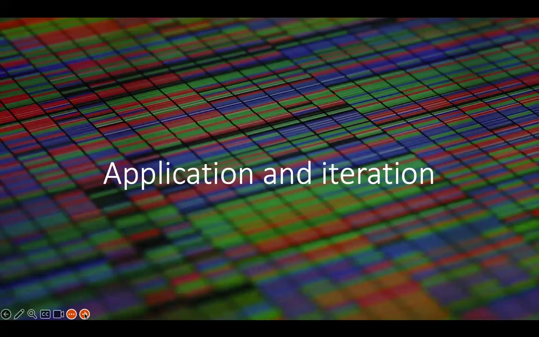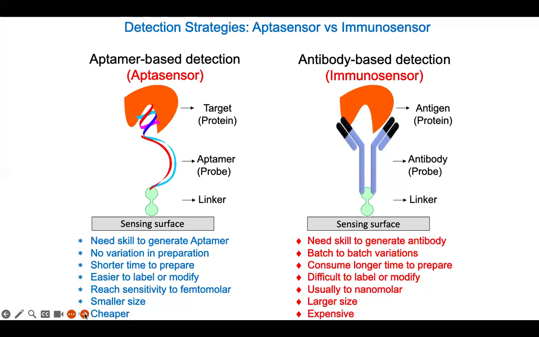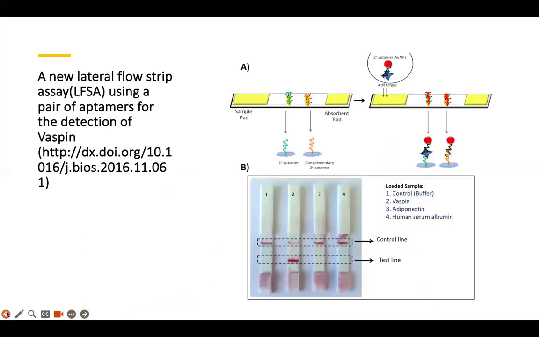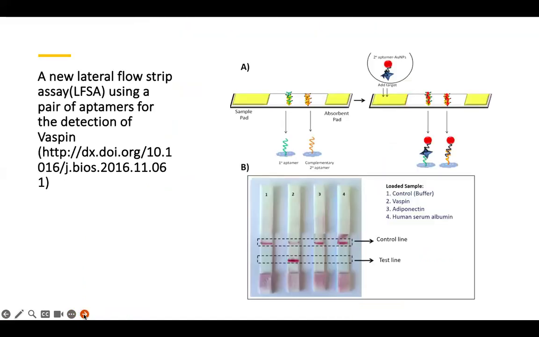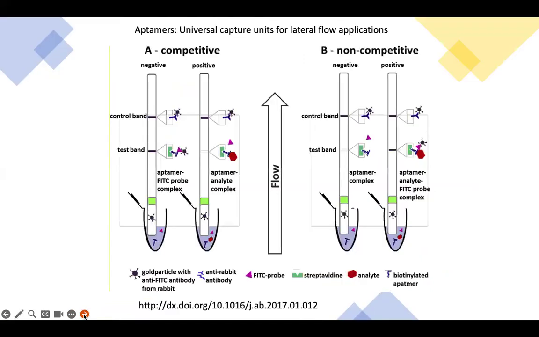So I will quickly give you a few things about some new trends of lateral flow. Okay, instead of antibody, now we are moving to aptamer because aptamer is much cheaper. And so this is an example of aptamer-based lateral flow.